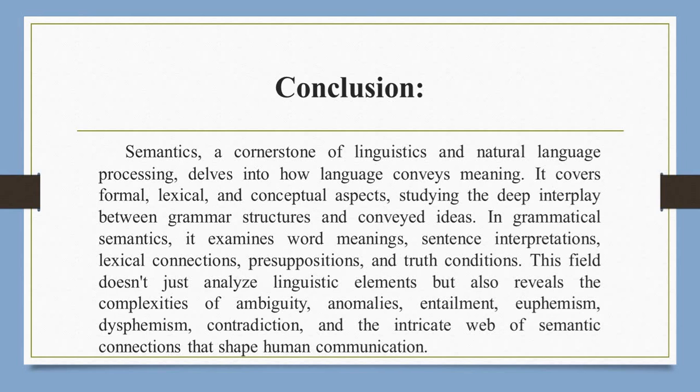Conclusion. Now, semantics is a cornerstone of linguistics. Remember, semantics deals with the meaning of languages and words. Natural language processing delves into how language conveys meaning. It covers formal, lexical, and conceptual aspects, studying the deep interplay between grammar structures and conveyed ideas. If you have not watched my previous videos, go to my channel and watch the videos on semantics, lexical and grammatical semantics so that you'll get a clear idea about it.